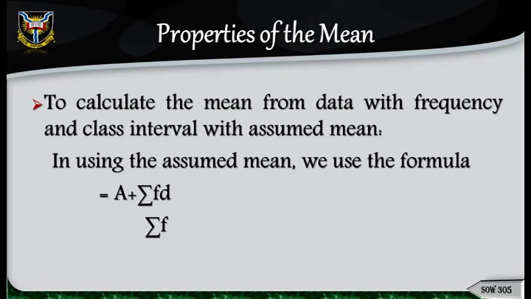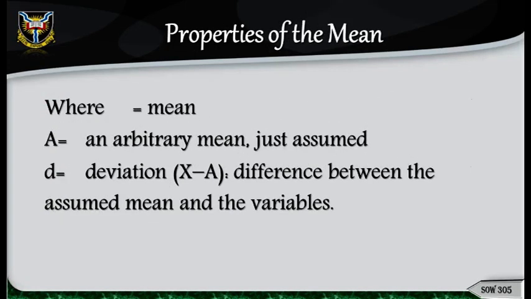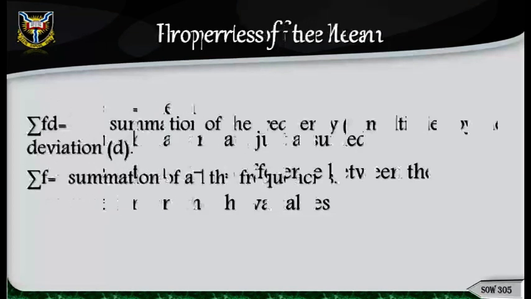4. To calculate the mean from data with frequency and class interval using an assumed mean, we use the formula x bar equals A plus Σfd all over Σf, where x bar means mean, A equals an arbitrary mean just assumed, d equals the deviation (x minus A), the difference between the assumed mean and the variables.